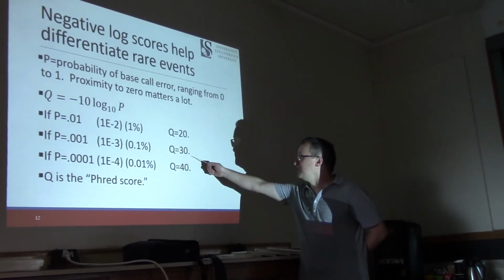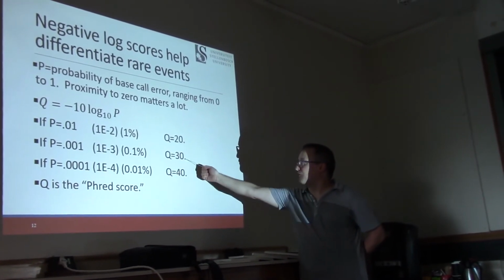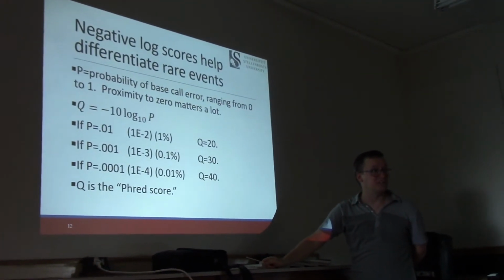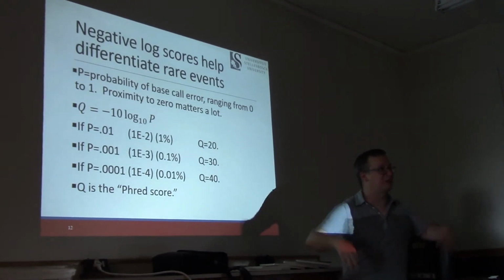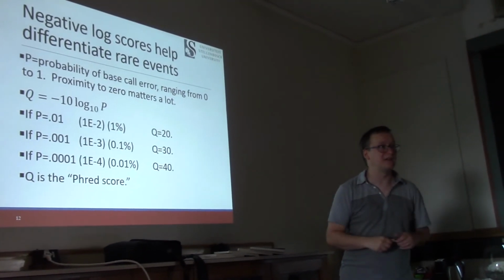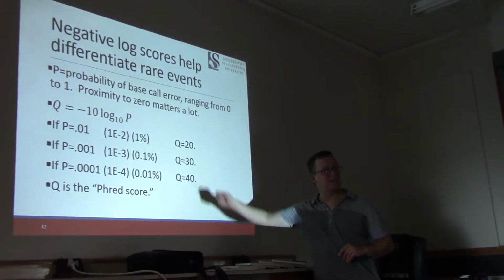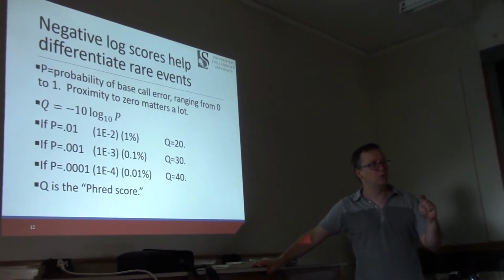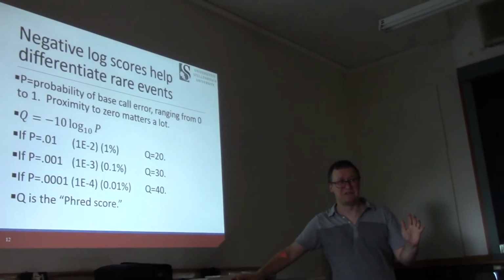Generally speaking, you will find that a lot of people end up using thresholds of 30 for Phred scores in sequencing experiments, that they just trim out anything that falls below that. Which means that they're throwing out any base calls that have a chance of error greater than 1 in 1,000. So that's pretty restricted, actually.